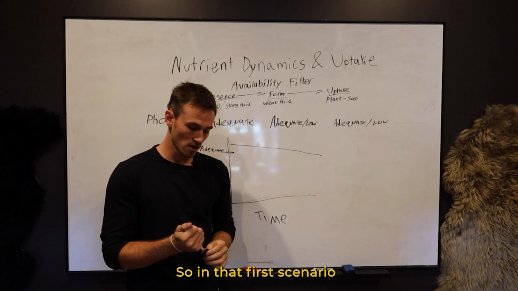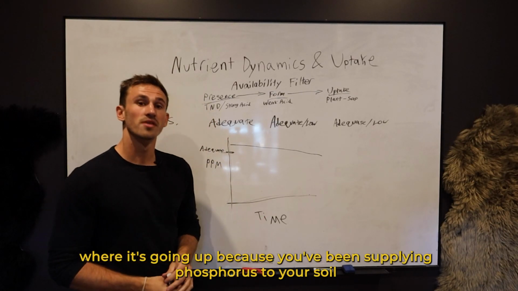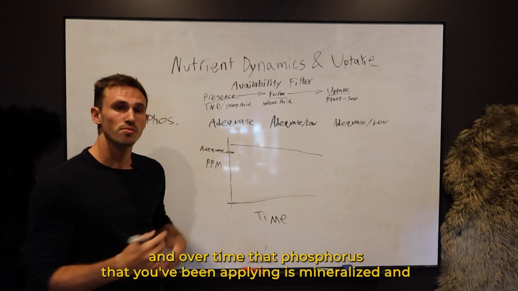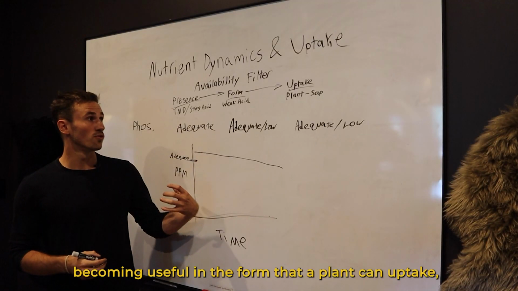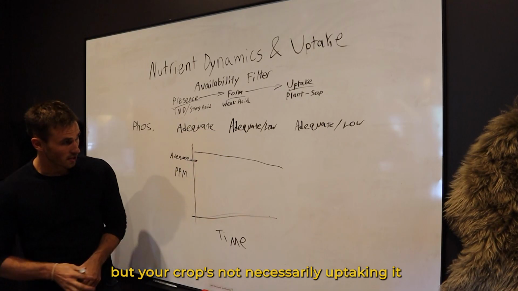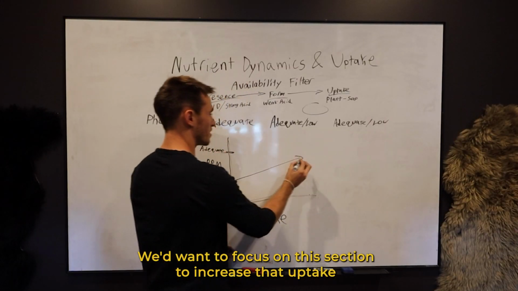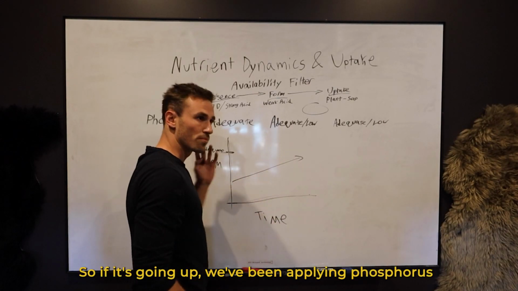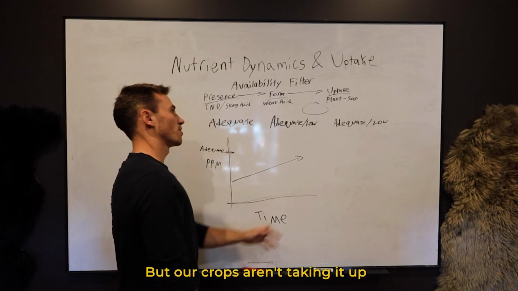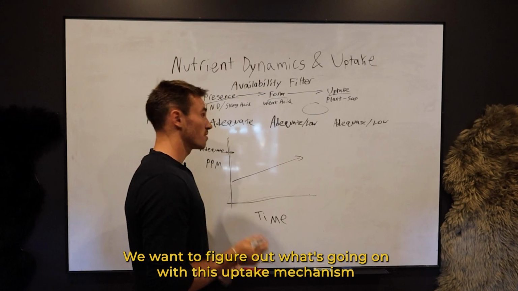So in that first scenario where it's going up, right, because you've been supplying phosphorus to your soil and over time that phosphorus that you've been applying is mineralizing and becoming useful in the form that a plant can uptake, but your crop's not necessarily uptaking it, we'd want to focus on this section to increase that uptake. So if it's going up, we've been applying phosphorus like a normal fertilization plan every single season, but our crop's not taking it up, we want to figure out what's going on with this uptake mechanism.